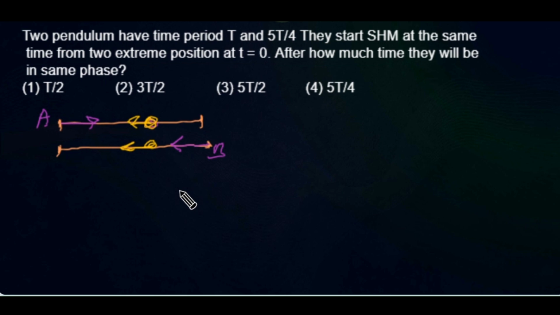So there are two different ways to solve the same question. The first one is you write down the equations for both of them and ensure that after time t their position and velocity are both the same.